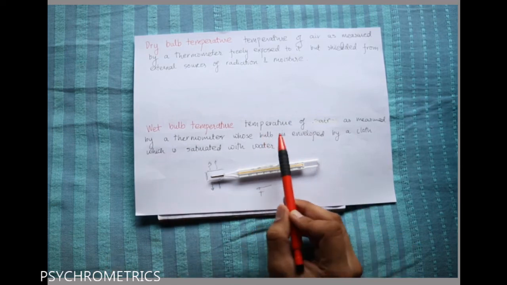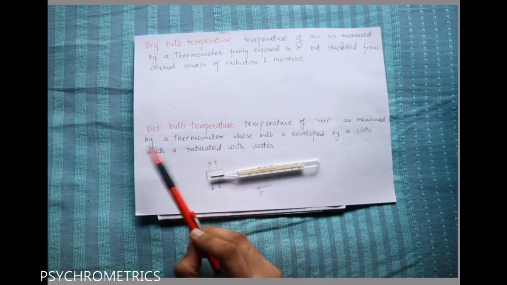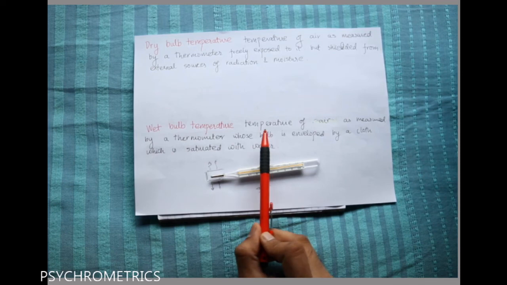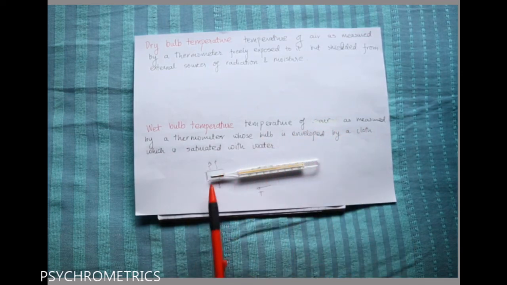And the temperature as measured by this thermometer is termed as wet bulb temperature. Again, wet bulb temperature is the temperature of air as measured by a thermometer whose bulb is enveloped by a cloth which is saturated with water.